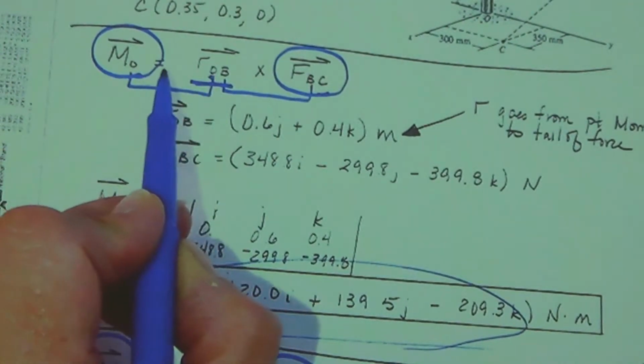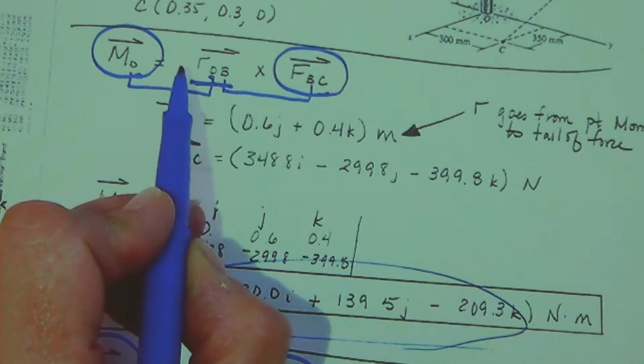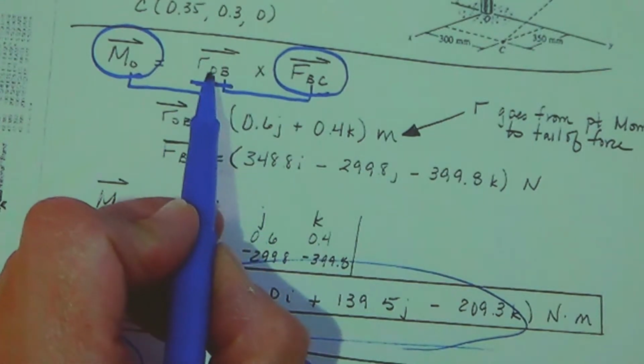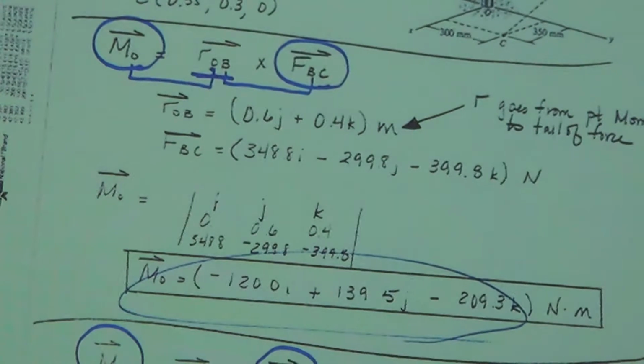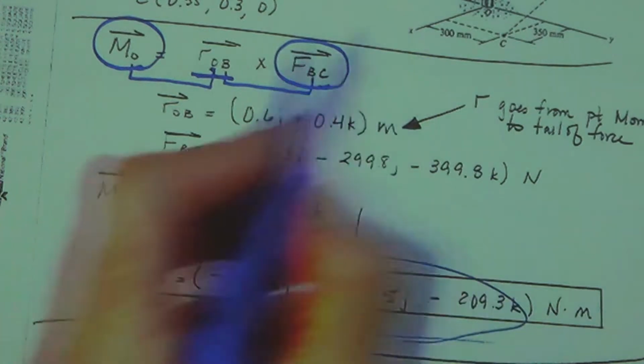The point I'm finding the moment about. The beginning of my R vector has to be the point I'm finding my moment about, and the tail of the R could be whichever.